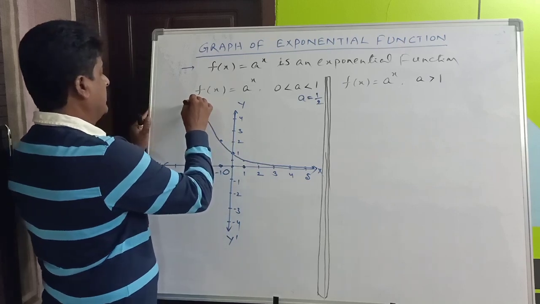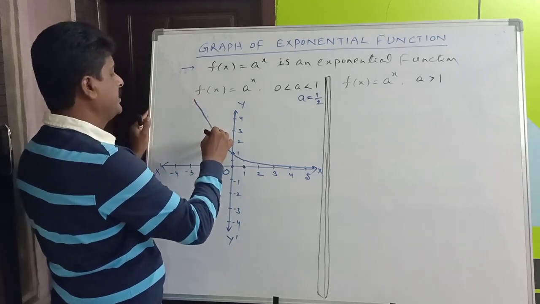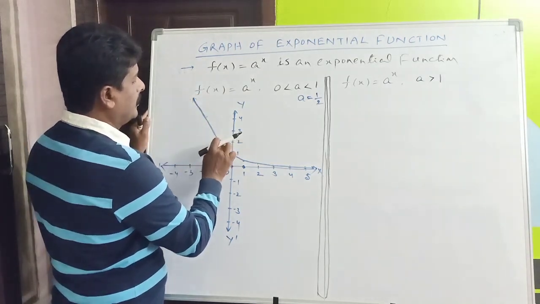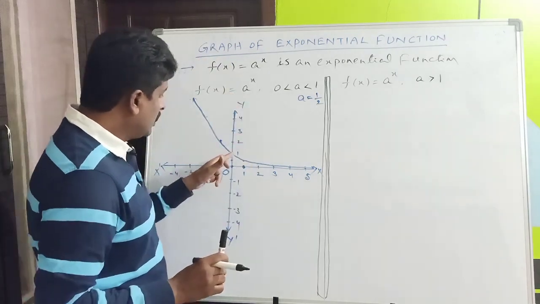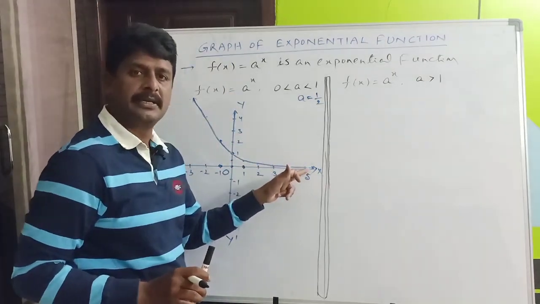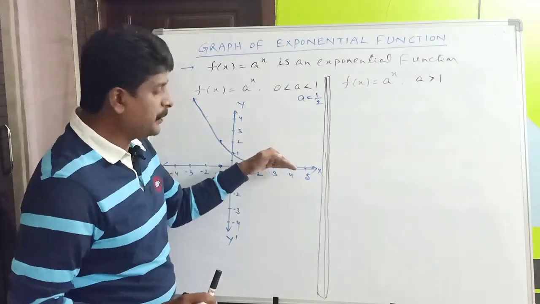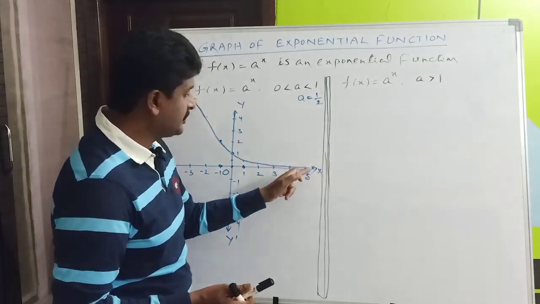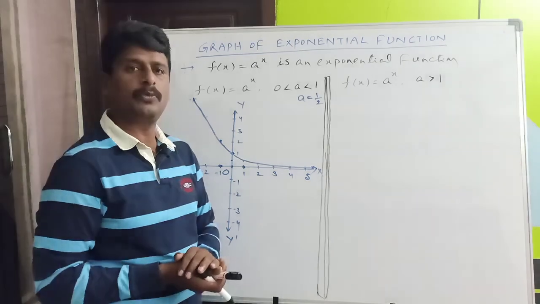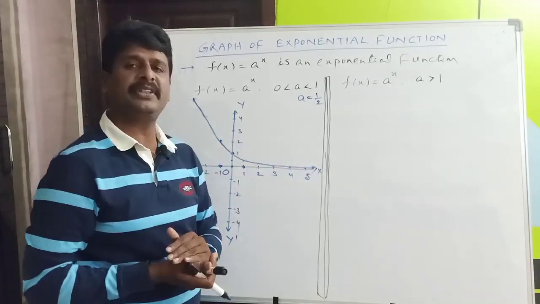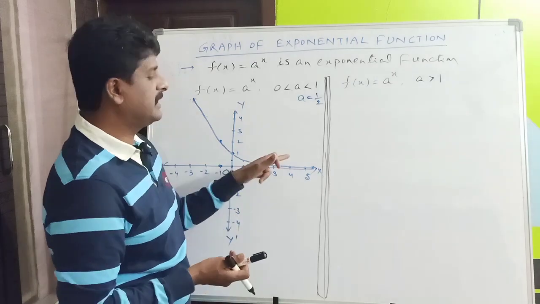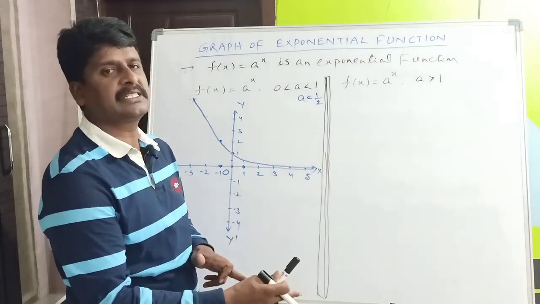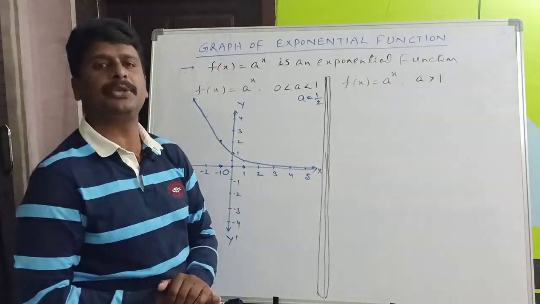Observe that this is the graph of an exponential function. As x values are increasing on the x-axis, the corresponding f of x values are decreasing. After a certain stage, the graph of a power x almost coincides with the x-axis. The graph touches or intersects the x-axis if, for some x value, f of x is 0.